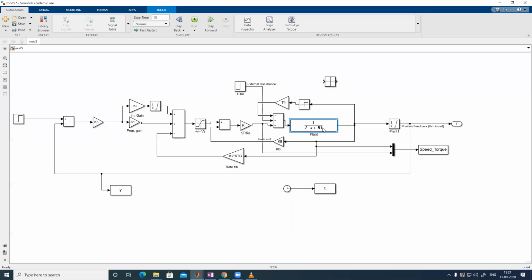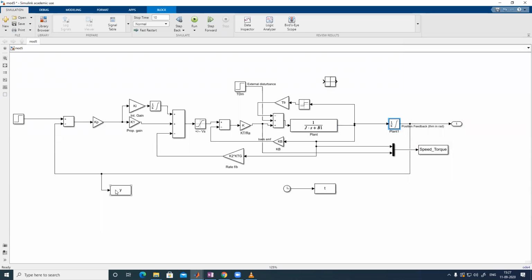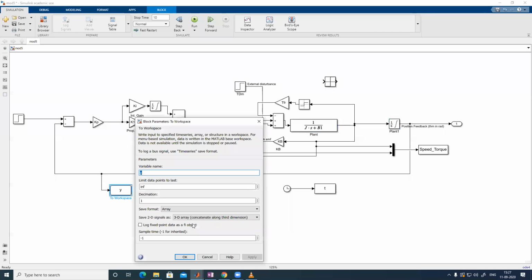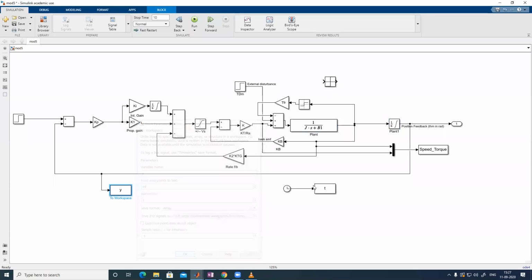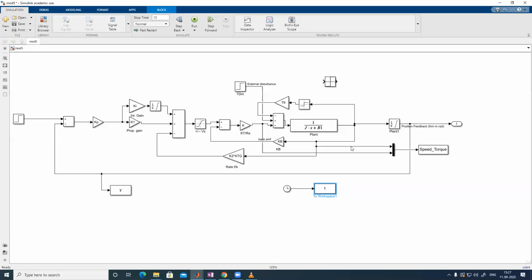So this B1 is that, KT KB by RI will not be there in that B. This one is the output, the theta M limit from the limited integrator, and this one is the Y output. The feedback element is Y, and make it an array, and make this T also an array.